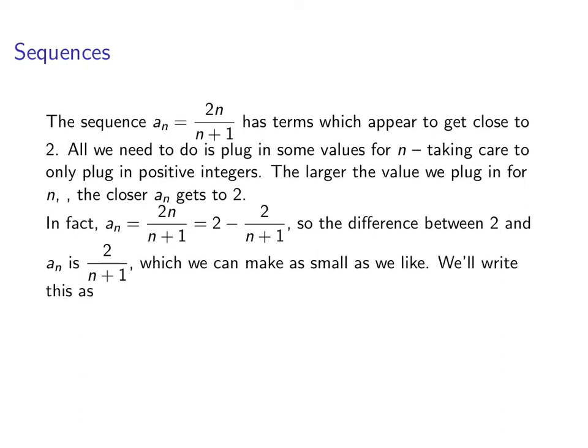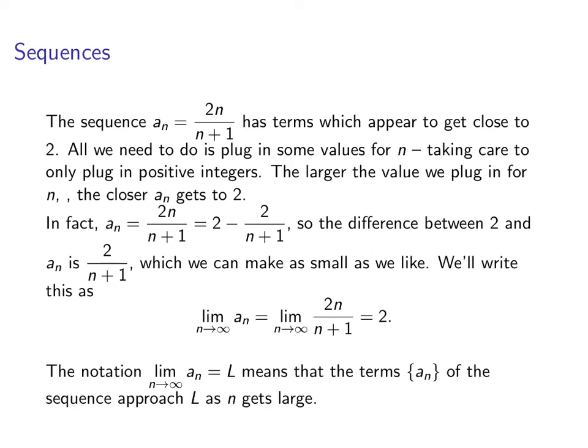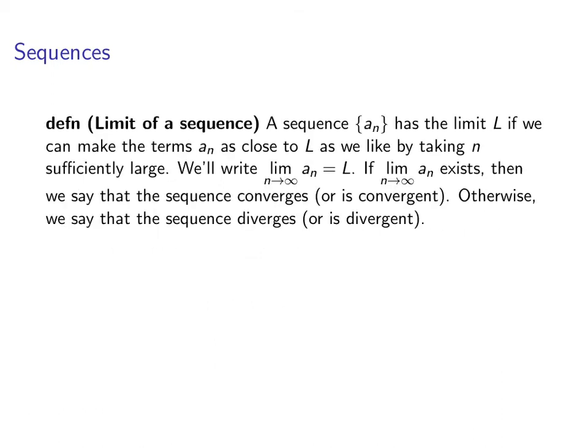So what we'll write is that the limit of a sub n, which is the limit of 2n over n plus 1, and this is a limit as n approaches infinity, is equal to 2. So we'll use this notation, limit as n goes to infinity of a sub n equals L. That means the terms of the sequence approach L as n gets large.